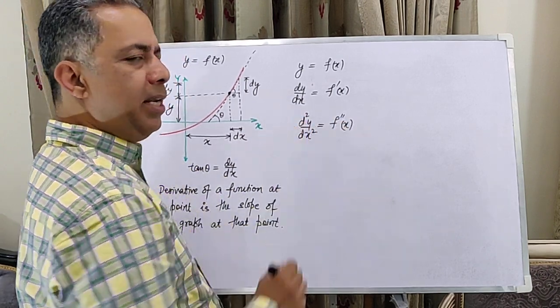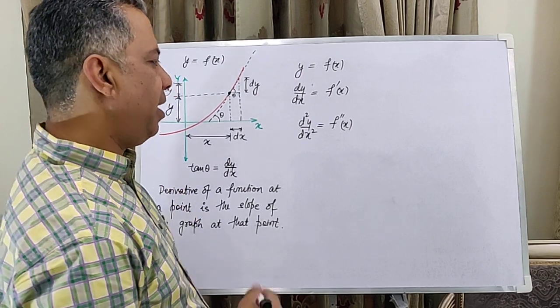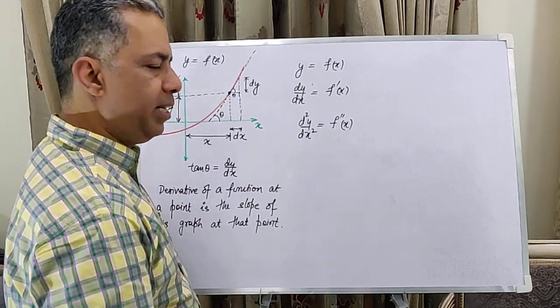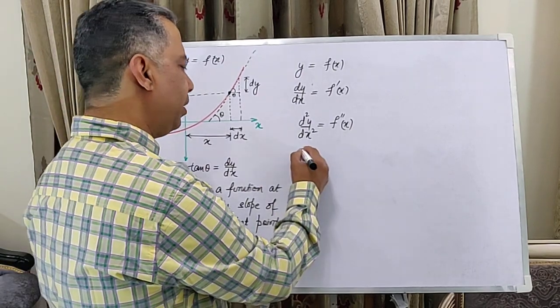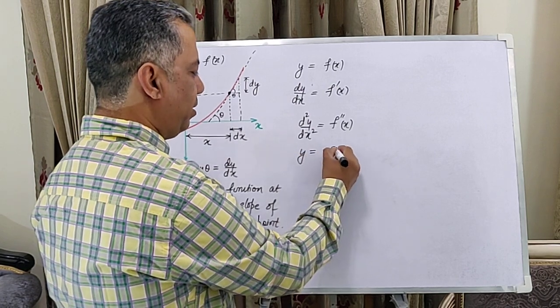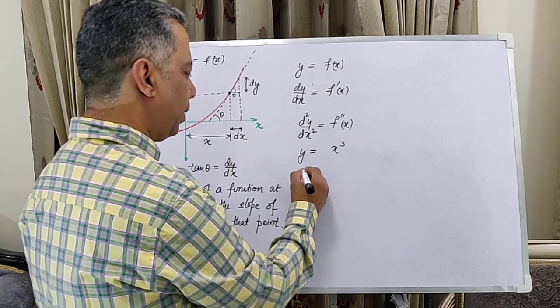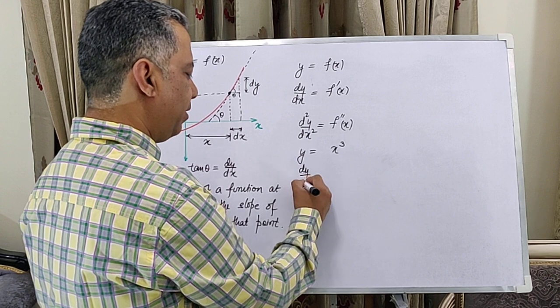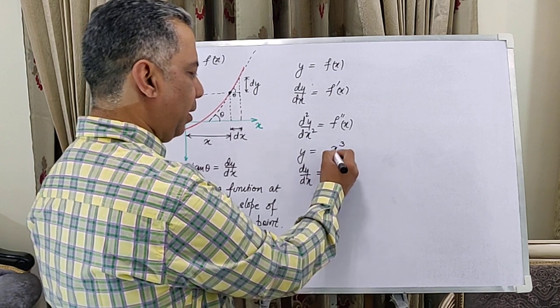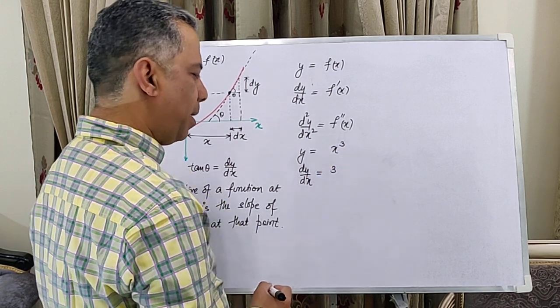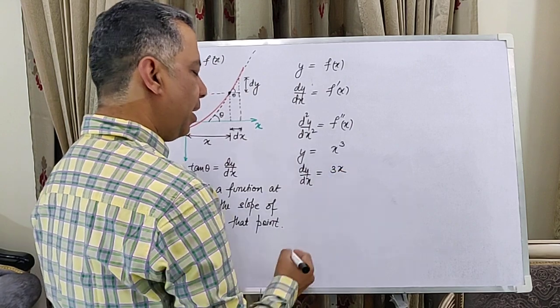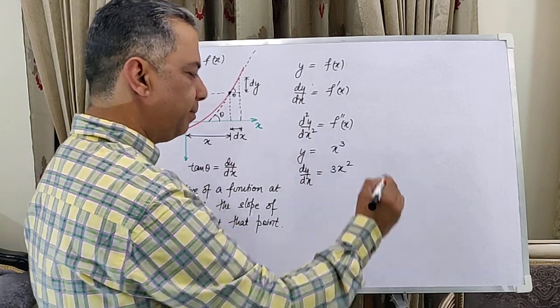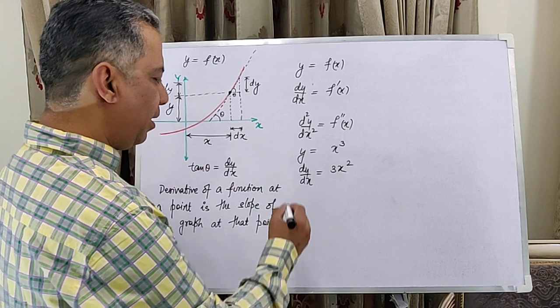So what's double derivative? Well, derivative of the derivative. For example, if we are given y equal to x cube, then the derivative will be: multiply by the power and then reduce the power by 1, and that's the derivative.